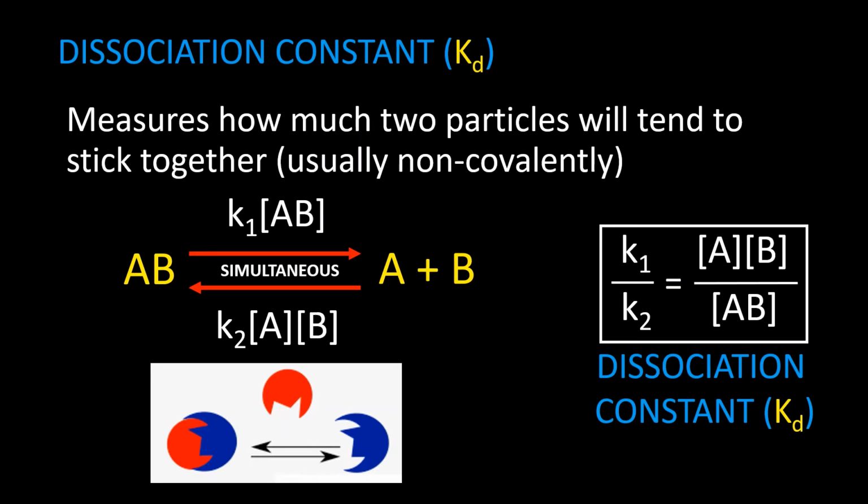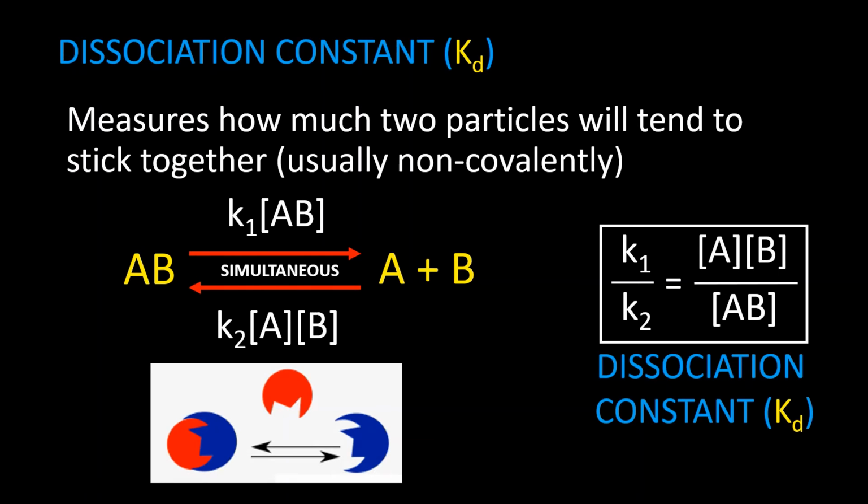So if the concentration of the bonded red-blue, which is our enzyme substrate complex, is greater than the concentration of either the red substance or the blue substance, then this reaction is going to be moving forward towards the dissociation of the red-blue complex to become separate red and blue substances.